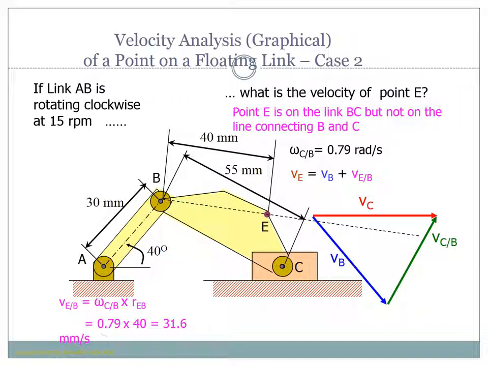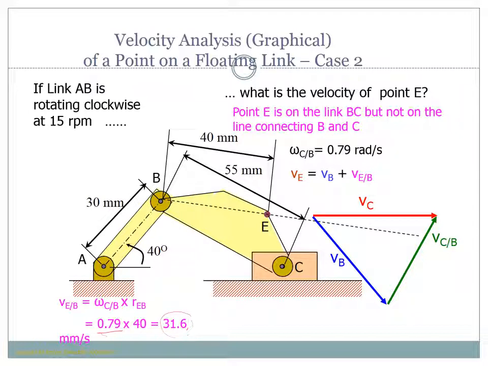Therefore, VEB is equal to 0.79 times 40, which comes from the distance between B and E, and we get VEB equal to 31.6 millimeter per second.